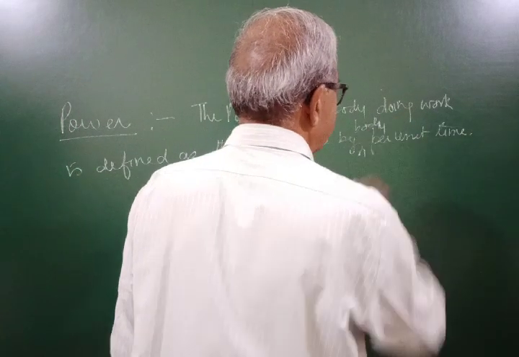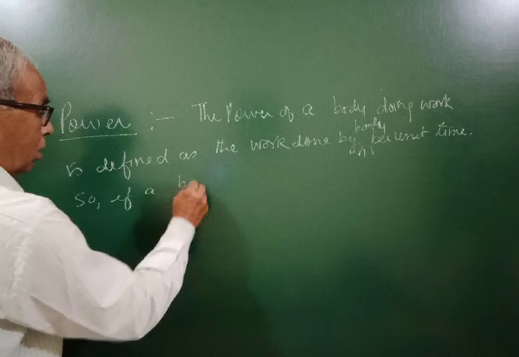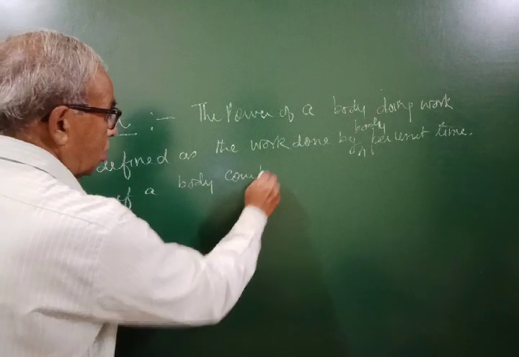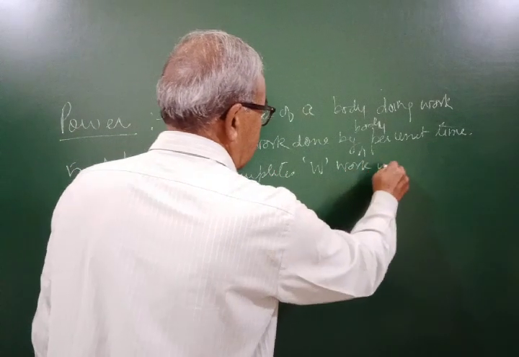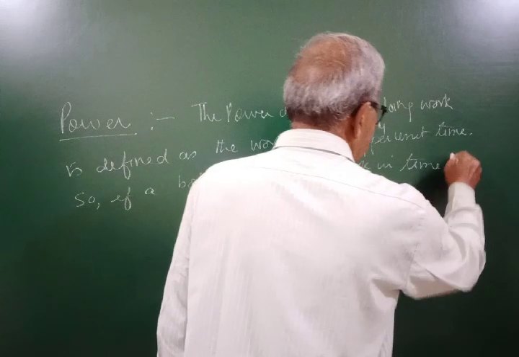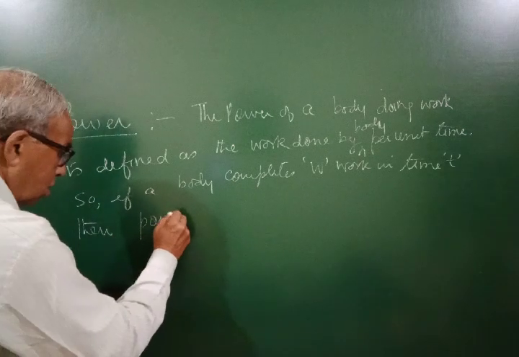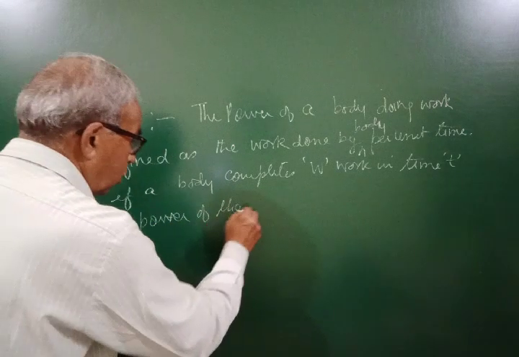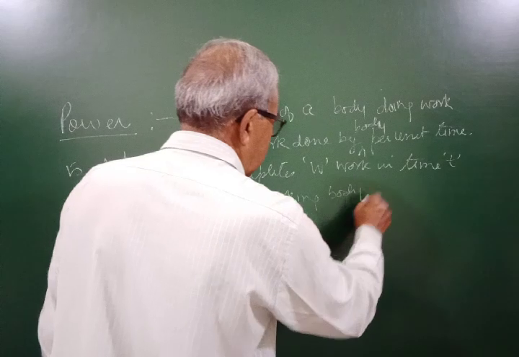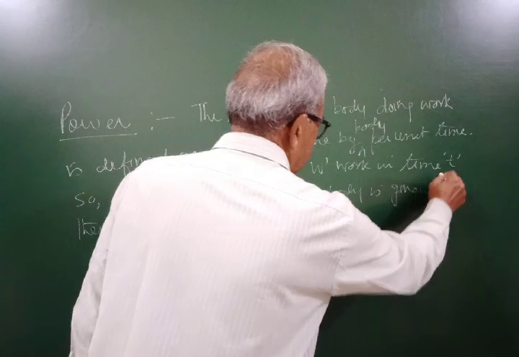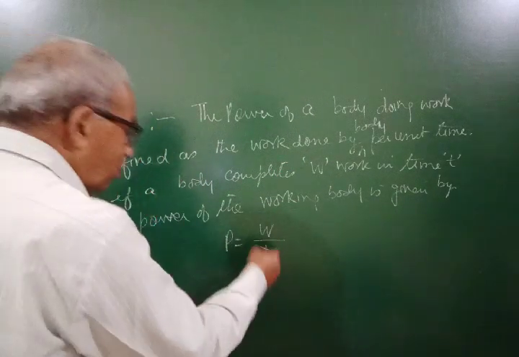So, if a body completes W work in time T, then the power of the working body is given by P equal to W by T. Work done per unit time.